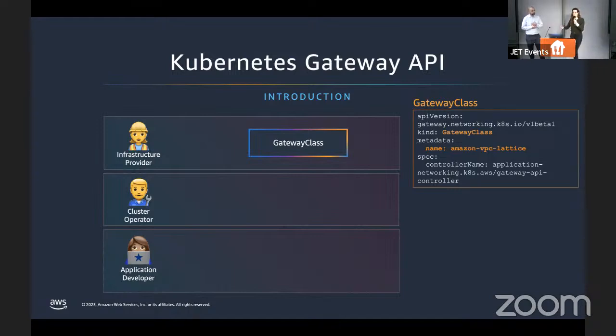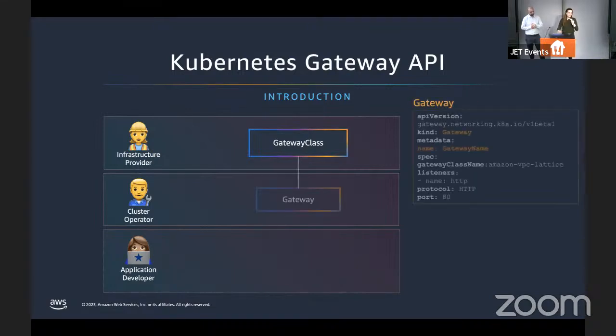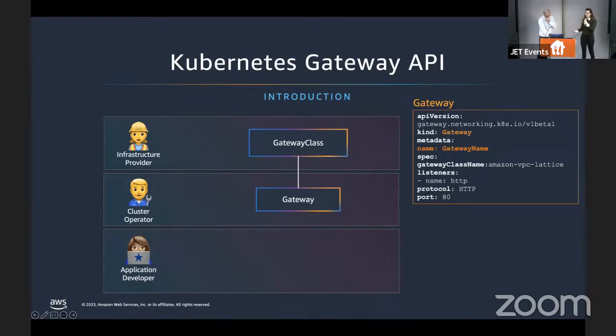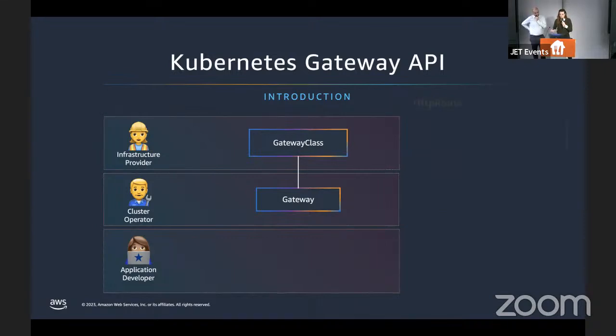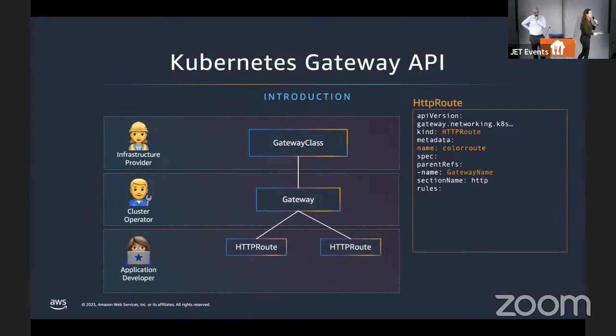In fact, the next step will be done by the cluster operator, who will create a gateway. The gateway is the point from where the traffic that goes from outside the cluster is translated to in-cluster traffic. And this gateway can be, for example, a load balancer, a proxy, etc. Then the application developer will be able to define how the traffic flows from this point, the gateway, to some targets.